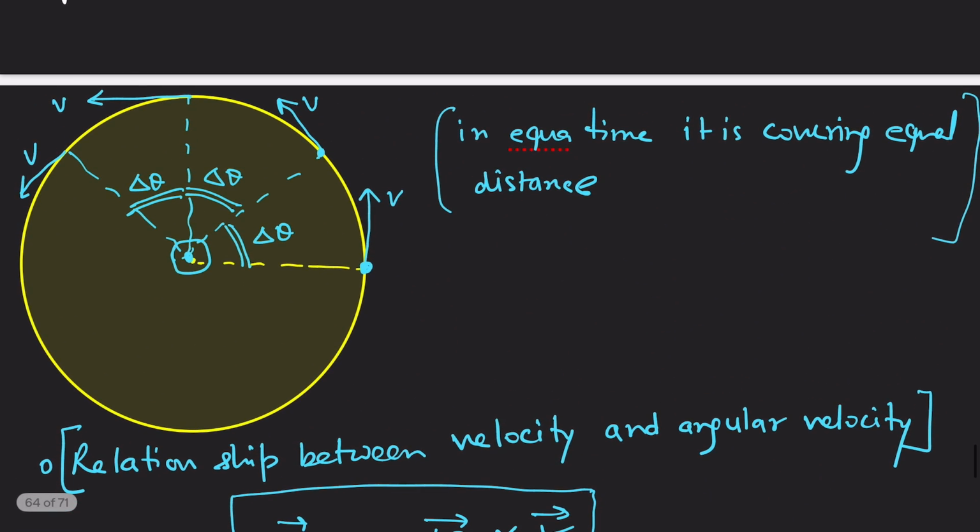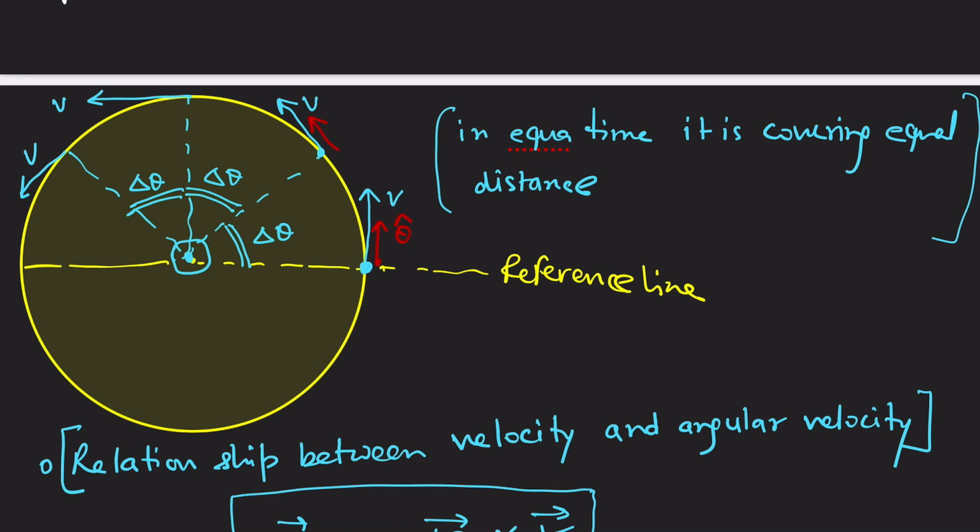Let me go back and explain. The v cap is basically the direction here, and it is continuously changing. If we take this as a reference line, here the v cap direction is nothing but theta cap.